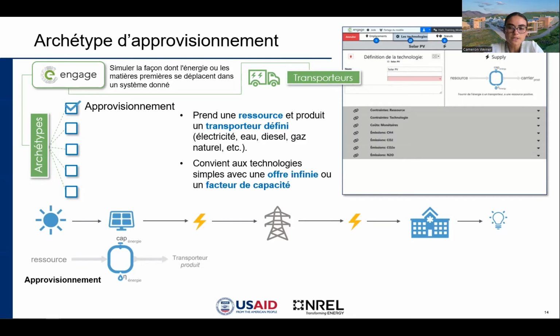Supply archetype technologies are considered appropriate for simple technologies, where the resource is either considered infinite in supply, or it has a time series capacity factor, which we will cover later in more detail.